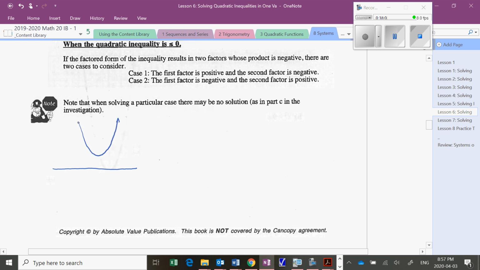If I have a quadratic that is fully above the x-axis, or it could even be that the vertex is on the x-axis, and I'm asking you, for what values of x is the quadratic less than 0? Meaning when is a quadratic below the x-axis? Well, never, so there would be no solution for that particular case.